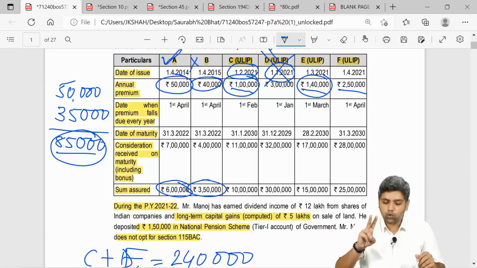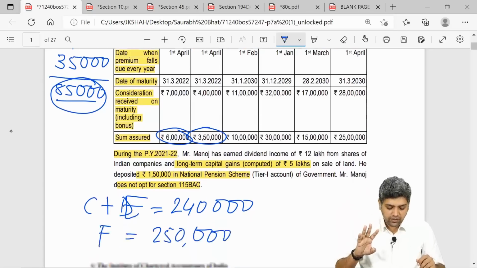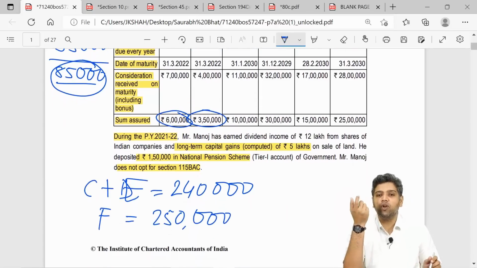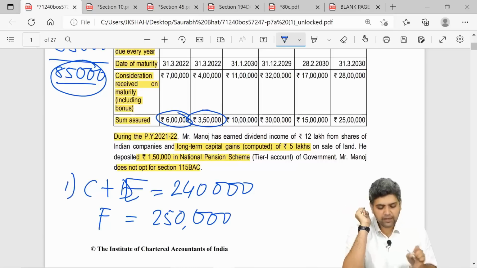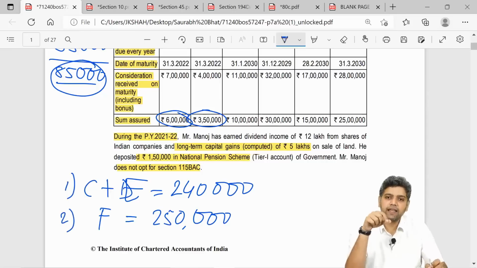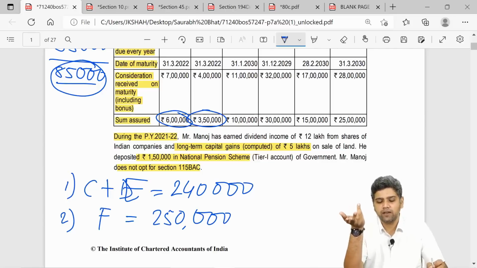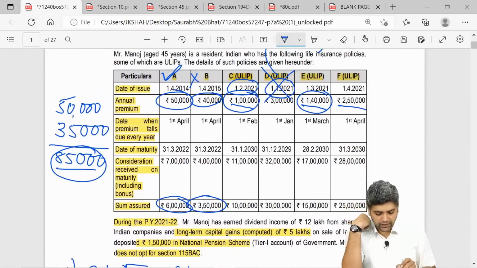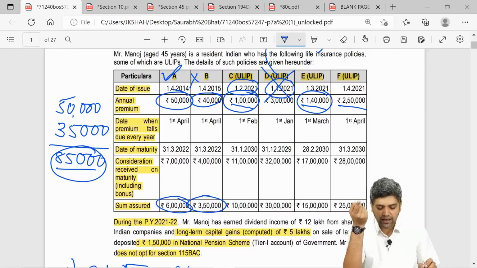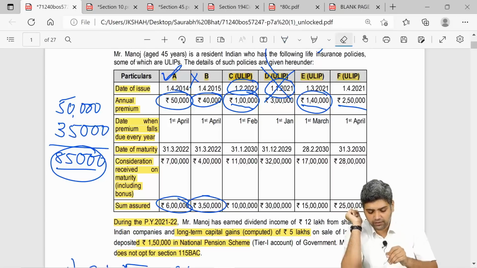So the only two options under which the aggregate of premium does not exceed 2,50,000 are either C plus E or directly policy F. And they are telling us to take such an option which is most beneficial to Mr. Manoj. Naturally, the assessee will choose whichever option suits him the most. So as far as policy C is concerned, how much is the income arising to Mr. Manoj from that? So concentrate on policy C.